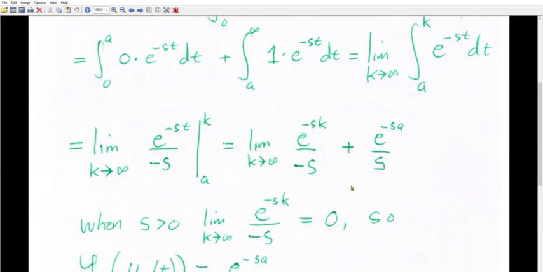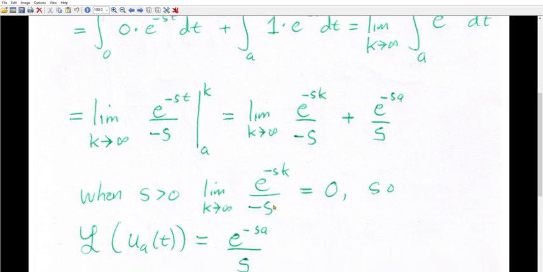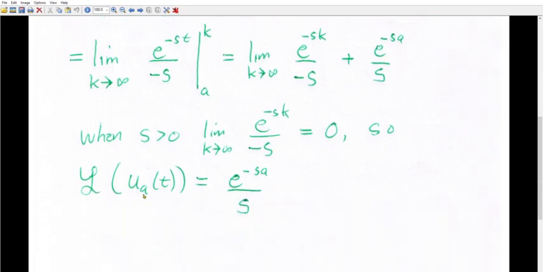Okay, when s is bigger than 0, the first term goes to 0 as previously. So when we're done, our Laplace transform is that u_a of t transforms to e to the minus sa over s. And again, this is when s is bigger than 0.